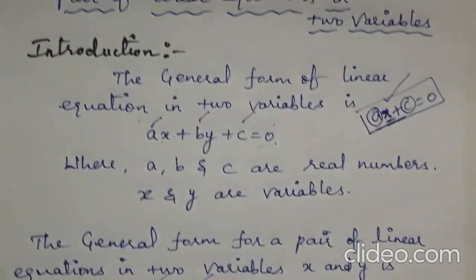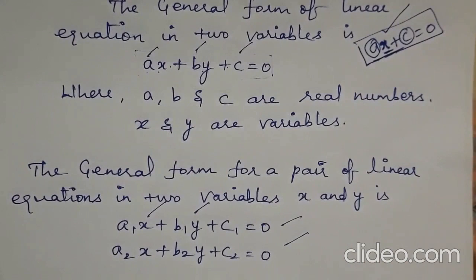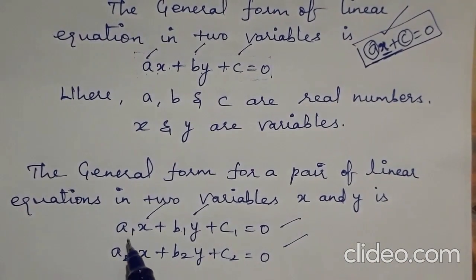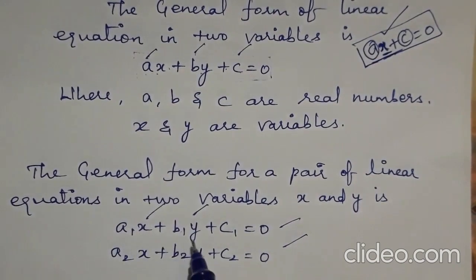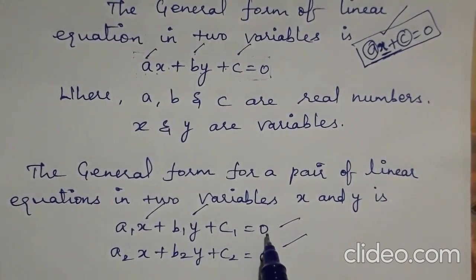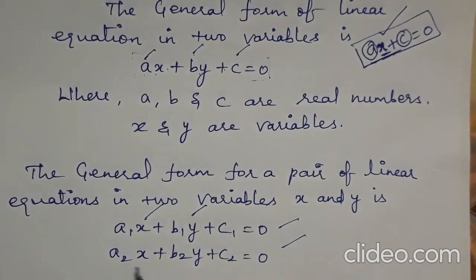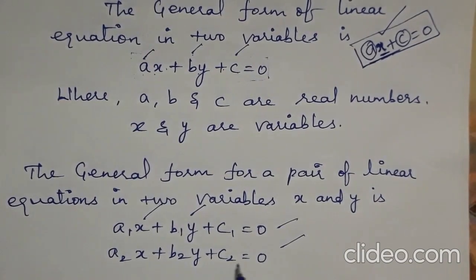If I am taking a pair of linear equations, pair means it will come 2. So I am taking two equations: a1x plus b1y plus c1 is equal to 0, and a2x plus b2y plus c2 is equal to 0.